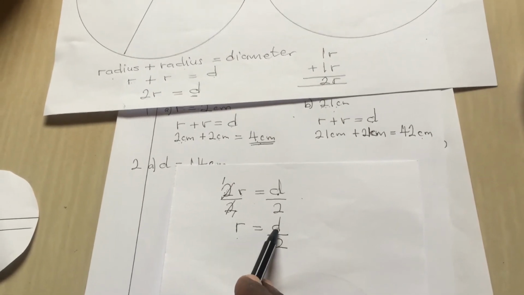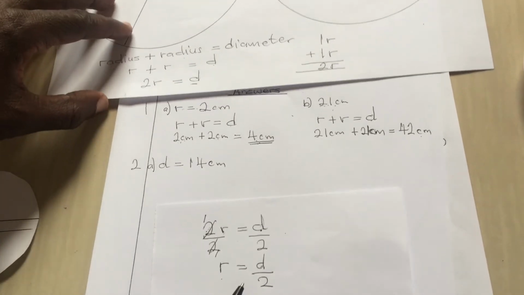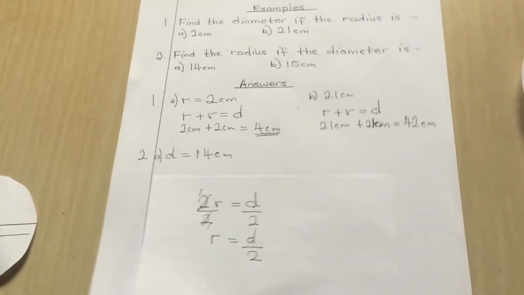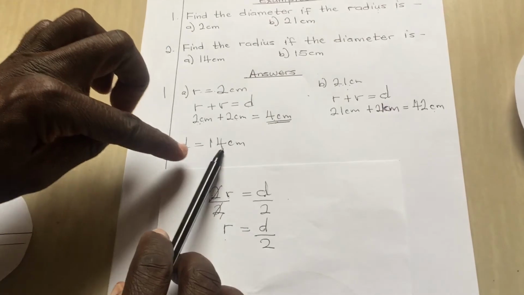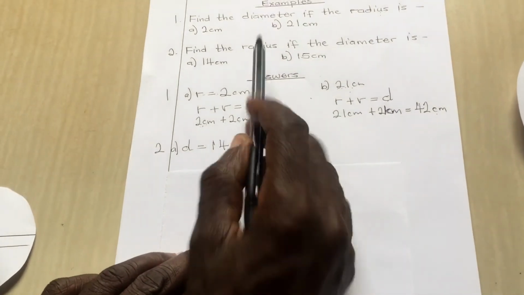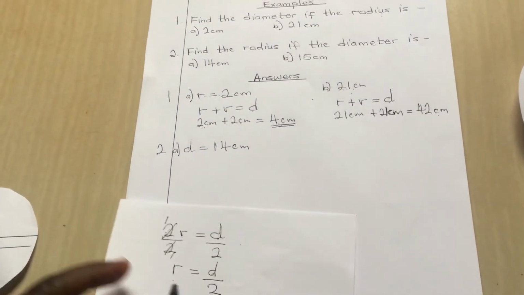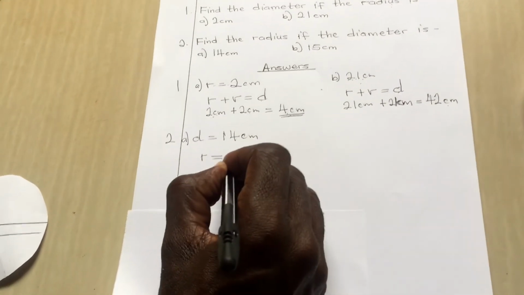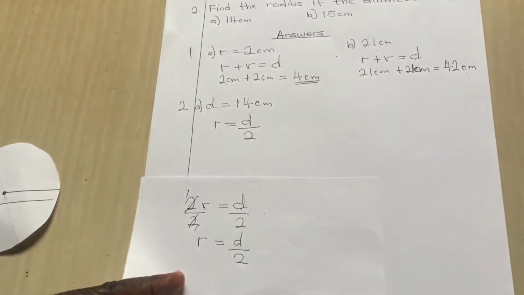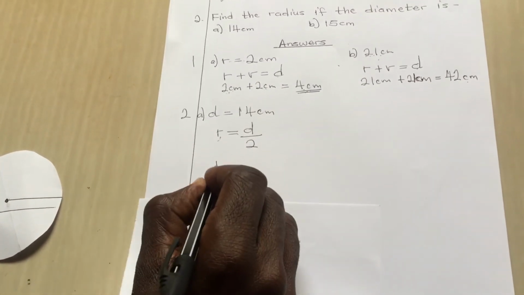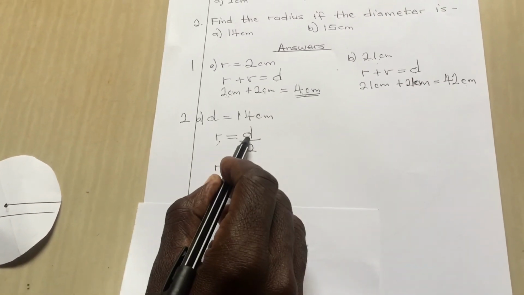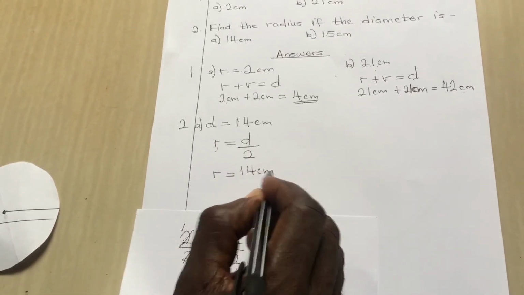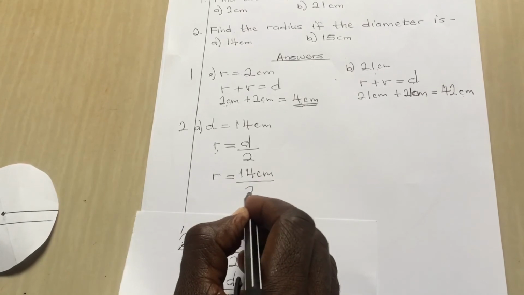Our d is diameter. So back here, we have the diameter, it is 14. We want to find the radius. So radius is equal to diameter over 2. What is our diameter? 14 centimeters over 2.